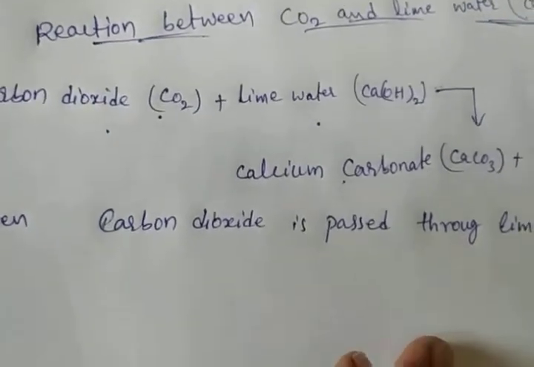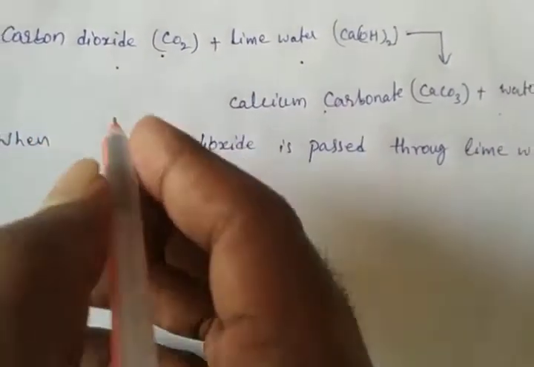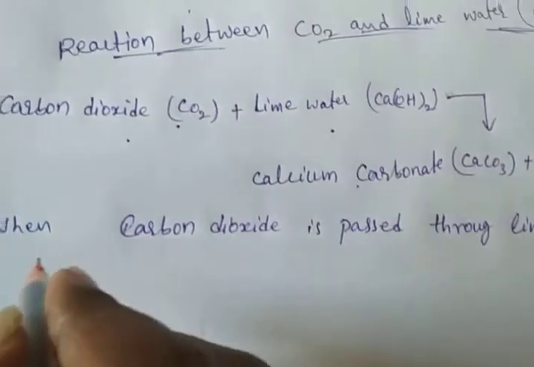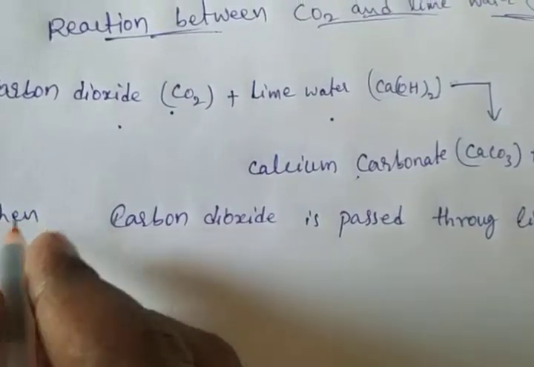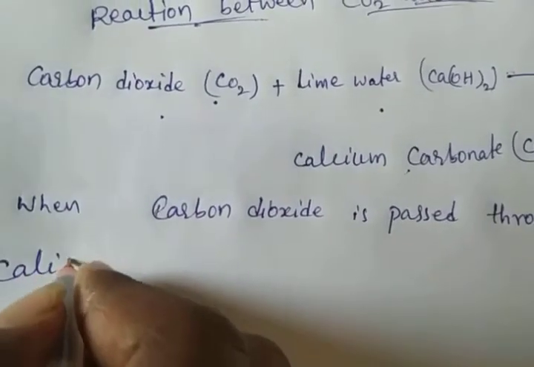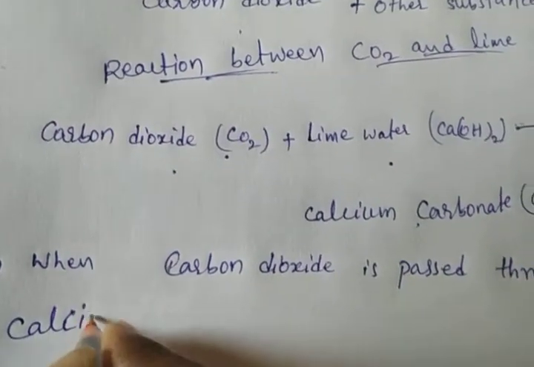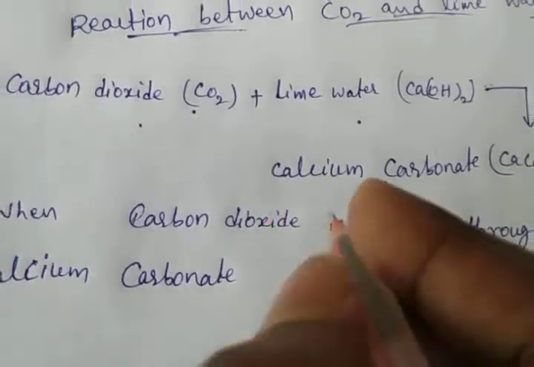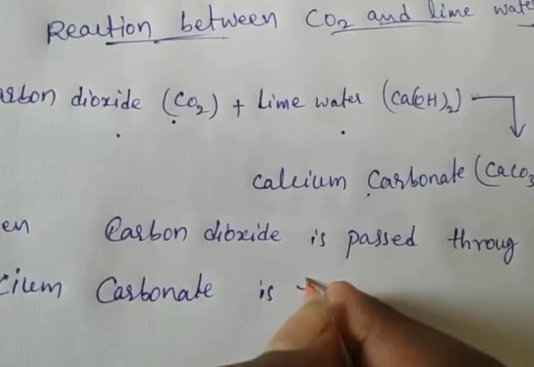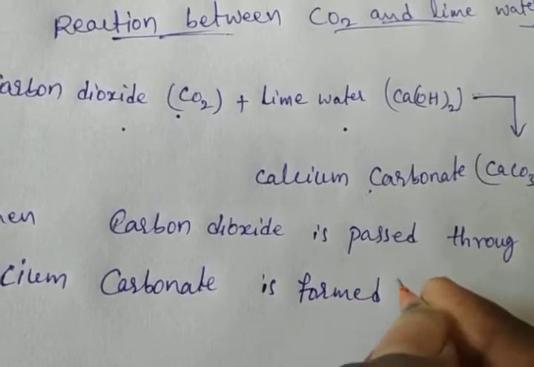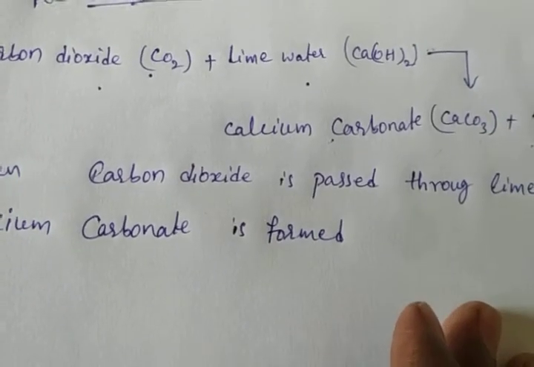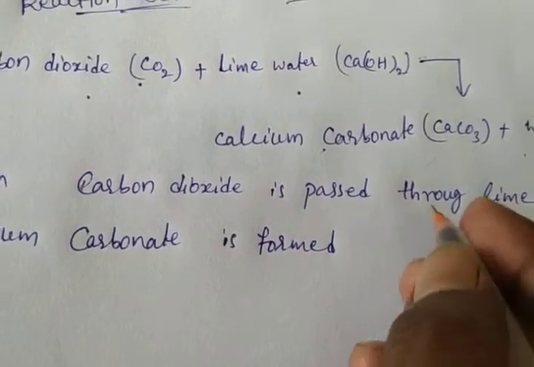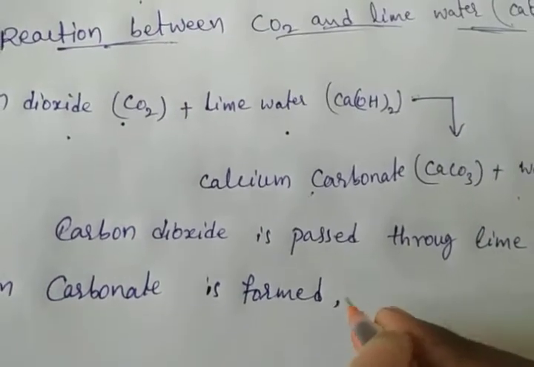When carbon dioxide is passed through lime water, what will be formed? Calcium carbonate is formed, which makes lime water milky.